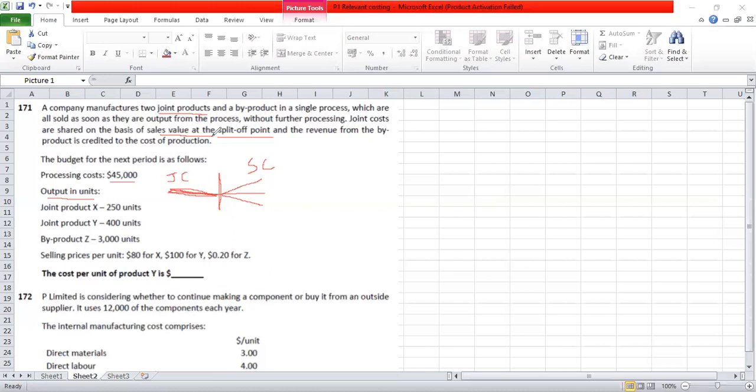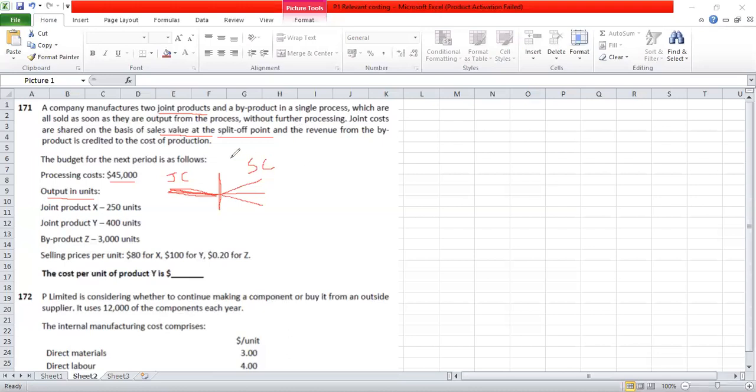But in this particular question, we are asked to allocate the total joint cost, the processing cost mentioned there. We don't have any information about the further separation cost or the sale value after further processing.